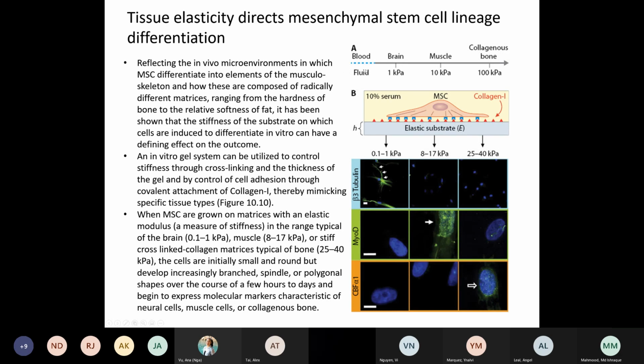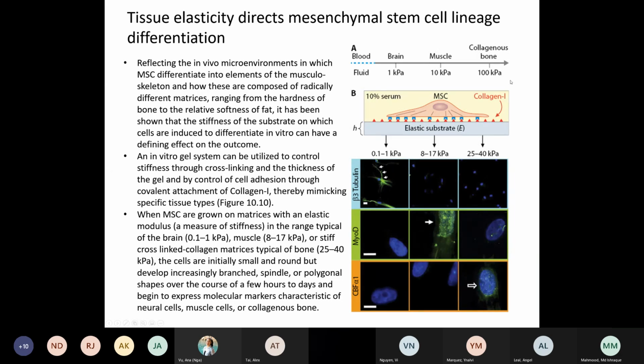They use kPa to describe how hard, how stiff that substrate is. For reference, in the brain, the stiffness is usually 1 kPa. In muscle, it is 10 kPa. And in bone, collagenous bone, it is 100 kPa.